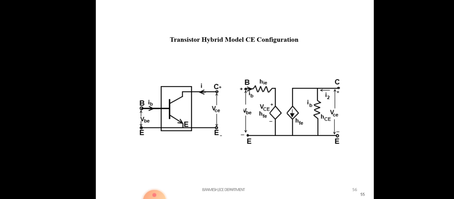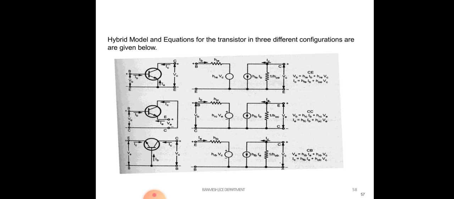This is the replacement of the transistor. After that, if you connect any load resistor, it will come between the collector and emitter terminals. This is just a replacement of the transistor device. See the replacement for all configurations using the h parameter hybrid model. The equations for the transistor in 3 different configurations are given below: CE, CC and CB.